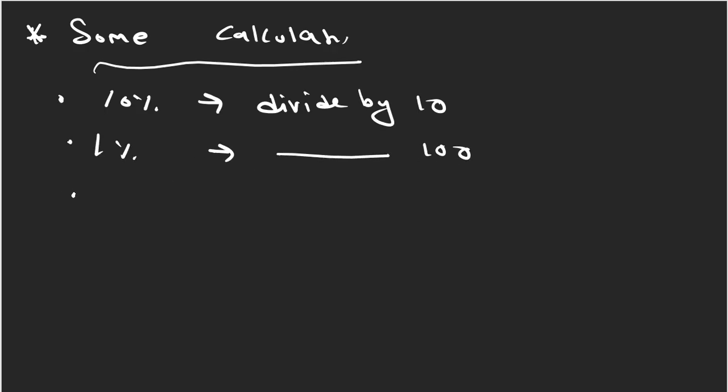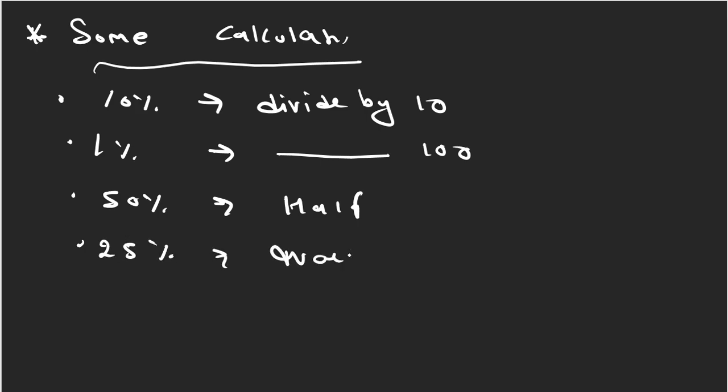These things will help you to do quick calculation. 50% means half. 25% means quarter. 70% can be written as 0.7 part. 33.3% means 1 by 3.